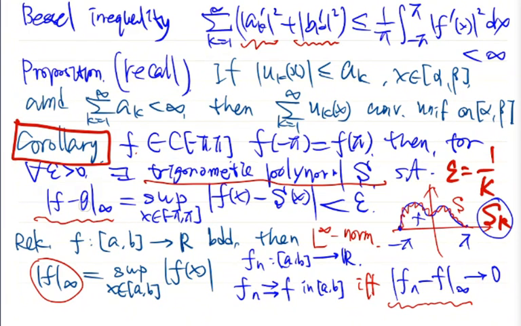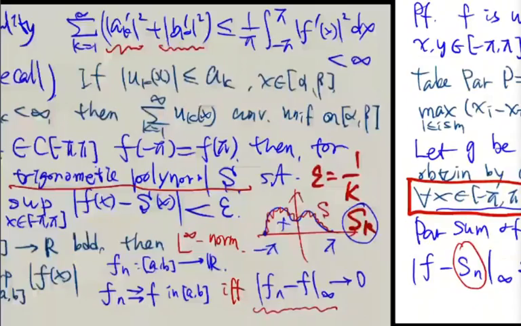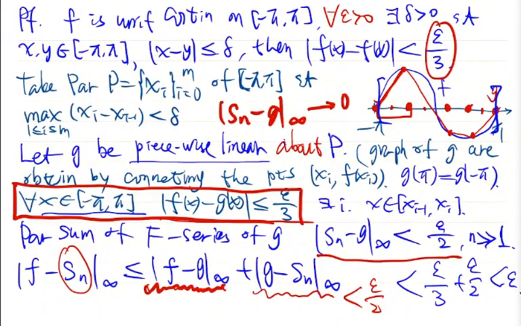Sorry, I have a misprint here. The L infinity norm of f minus s is less than epsilon. So we have achieved this goal, because in our argument we eventually obtained, when n is large enough, the L infinity norm of f minus s not greater than epsilon. So proving the corollary.